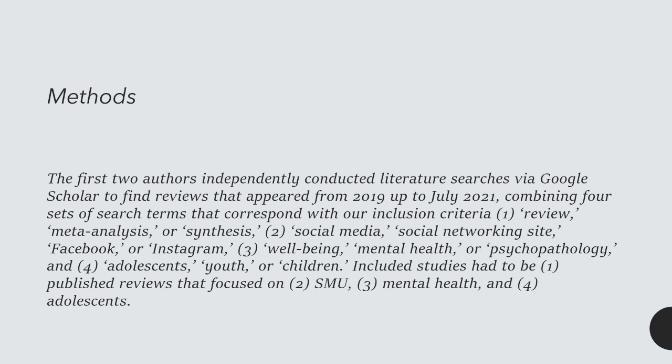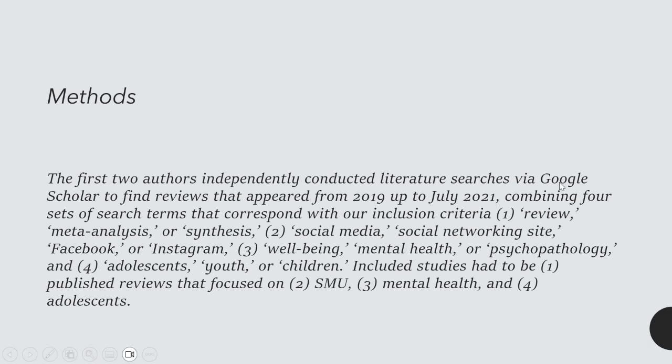There you can see the terms that they used, or collection of terms, so they're quite explicit. And another criterion was that the studies had to be published reviews that focused on SMUs, mental health, and adolescence. So there's the inclusion criteria.